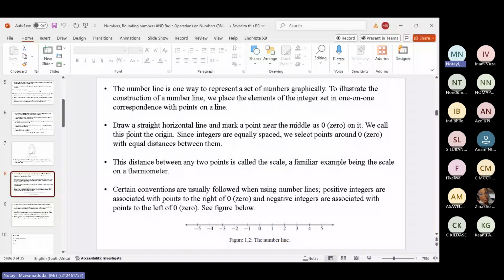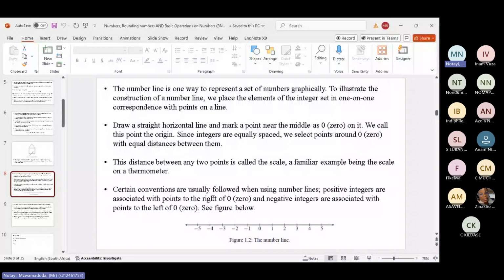Since the integers are equally spaced, we select points around 0 with equal distance between them. So this distance between any 2 points is called the scale. A familiar scale being the scale on a thermometer. So certain conventions are usually followed when using a number line.